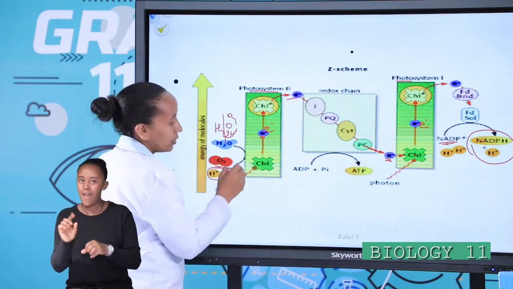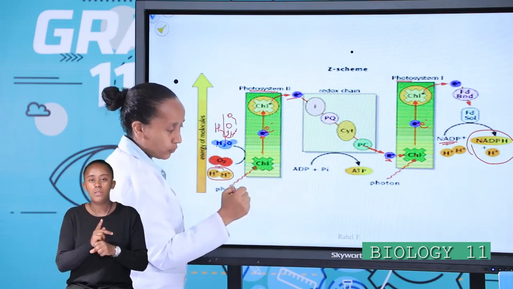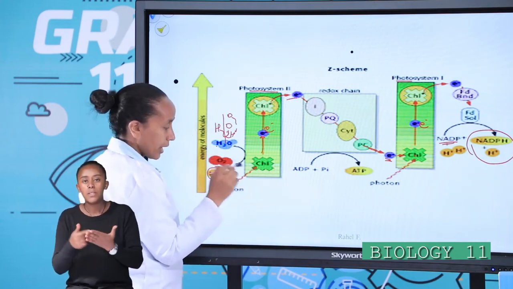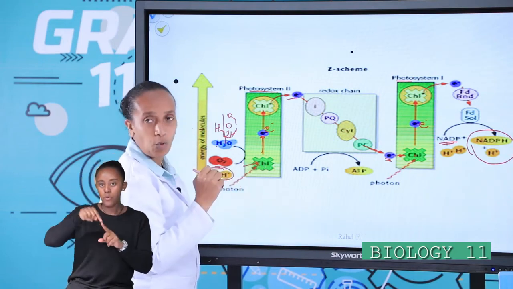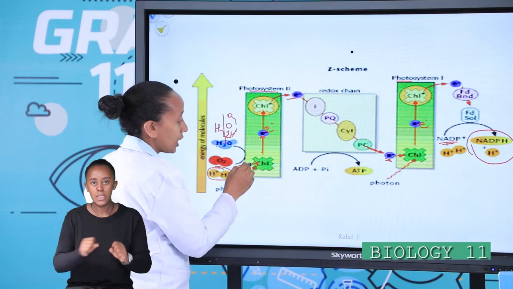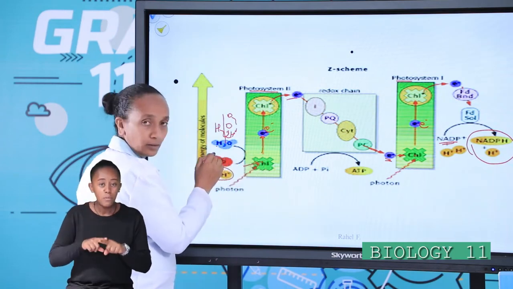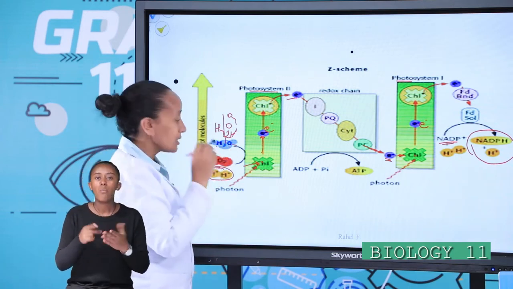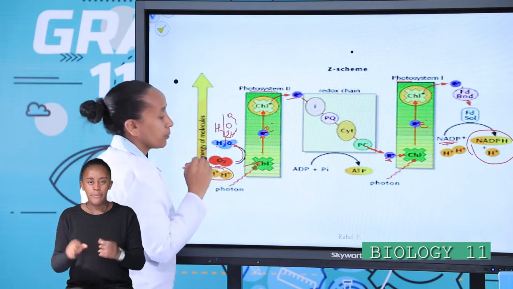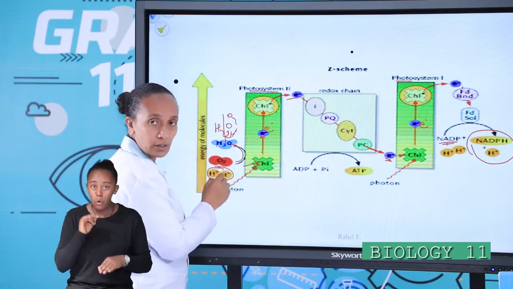The protons will accumulate in this part of the chloroplast, and the electrons will return to photosystem 2, so that the electrons will be replaced from water. Why? Because water is split in this process. This splitting of water by the help of light energy is known as photolysis.